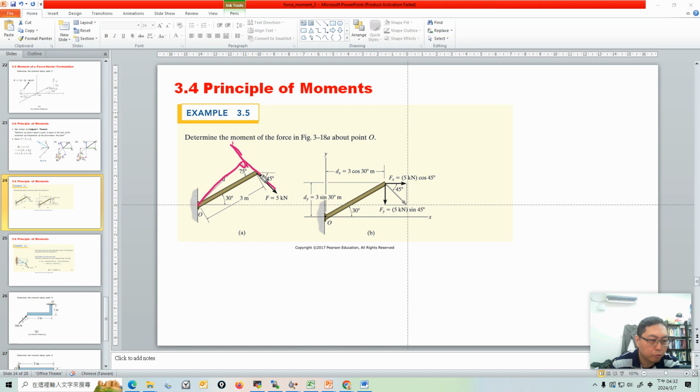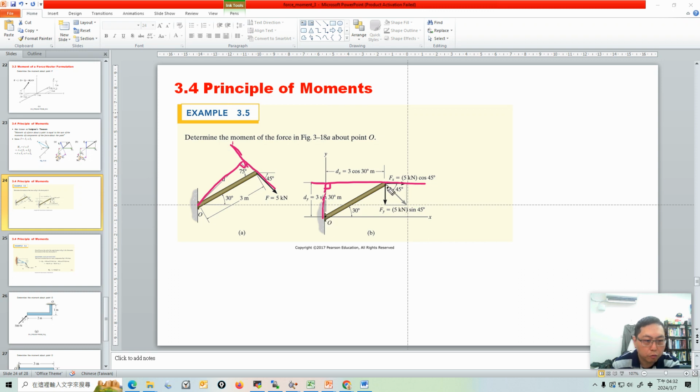We can decompose the force. The horizontal component is force times cosine 45 degrees, and here is force times sine 45 degrees. We decompose the force, and this force's line of action is here, so the lever arm will be here.